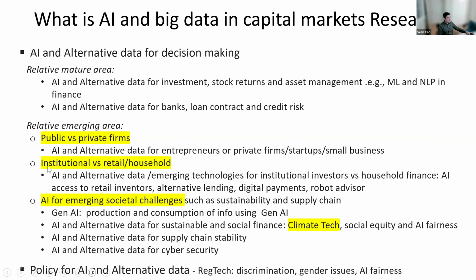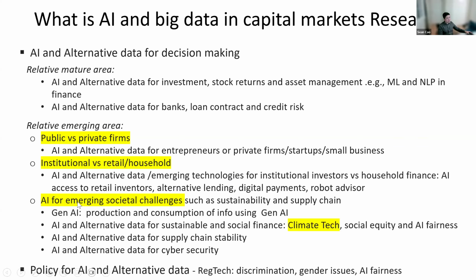So what has been, I think, the new stuff that hasn't been touched much? A lot of AI work has been done for publicly traded companies. AI hasn't been really well studied for how it can help private firms, startups. That's a new promising area, I believe. Also, a lot of AI was studied for hedge funds, mutual funds, institutional investors. How AI can help households, our parents, our brothers, normal households, is very new.